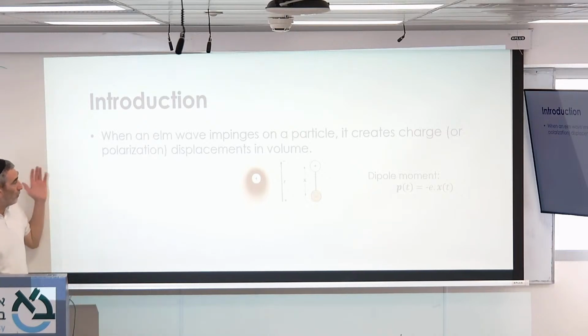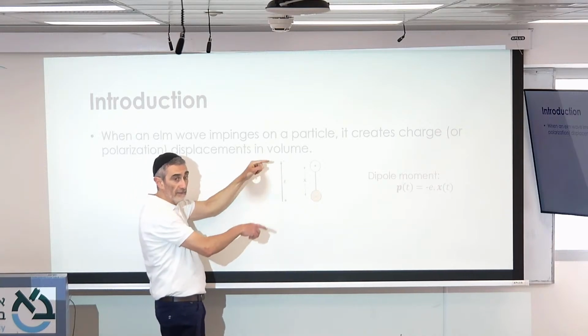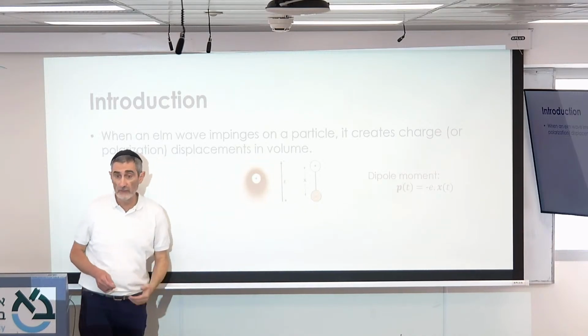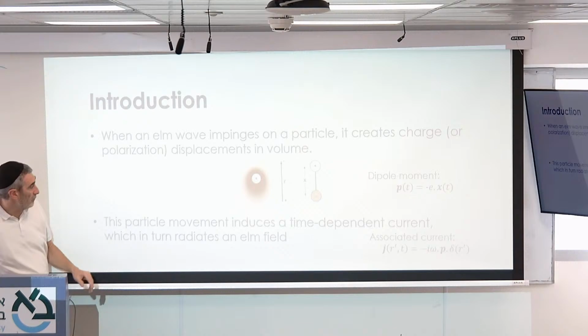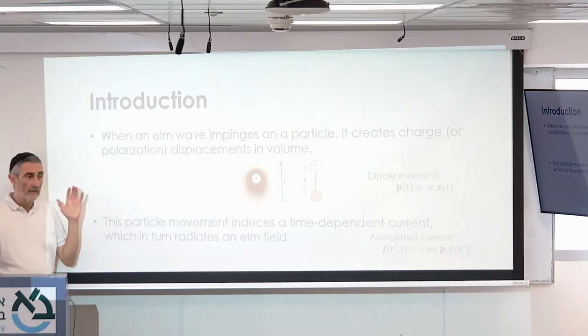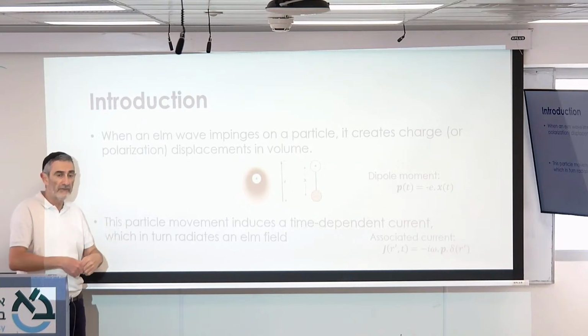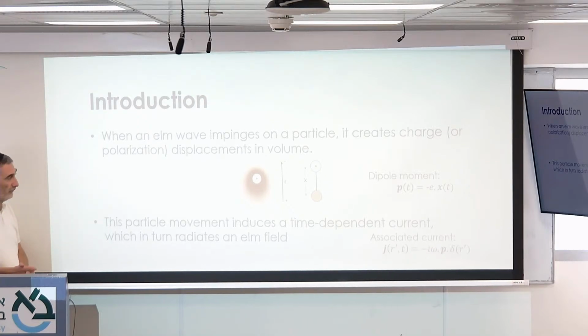So the wave comes, it excites the atom, and the system starts to oscillate. And what happens when you have a dipole moment? It generates a current, and the current will also radiate a new field. So this particle movement induces a time-dependent current, which in turn radiates an electromagnetic field. The wave comes, excites the system, and the system radiates back the energy, the wave, from the oscillation of the dipole.